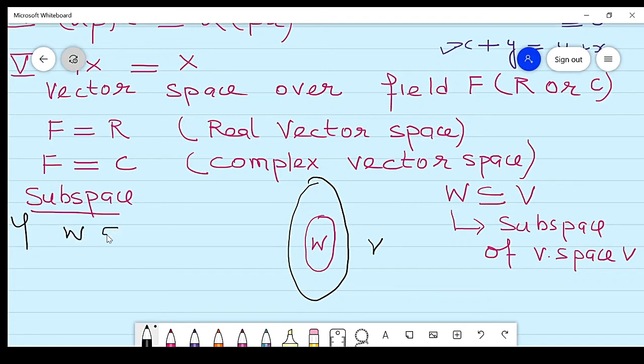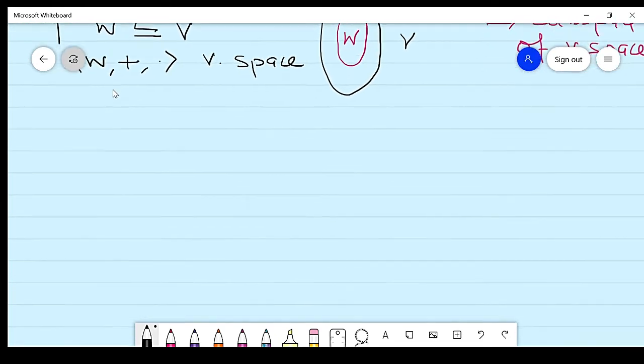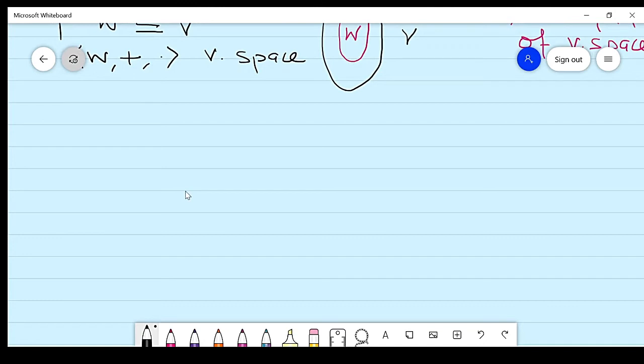One, W should be a subset of V. Second, W with the same binary composition is a vector space. So it is again a vector space, but it is part of V. So W is also a vector space.